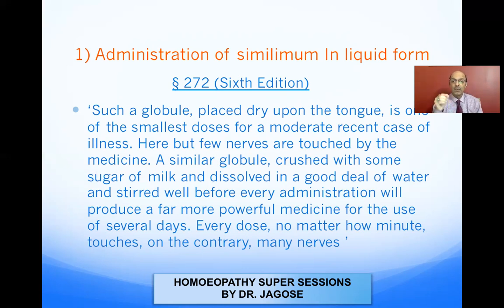But if we would crush the globule with some sugar of milk and dissolve it in a good deal of water and then give it to the patient, then naturally a much more powerful medicine would come into effect, because it would touch on the contrary many nerves, and the action would be beneficial to the patient.